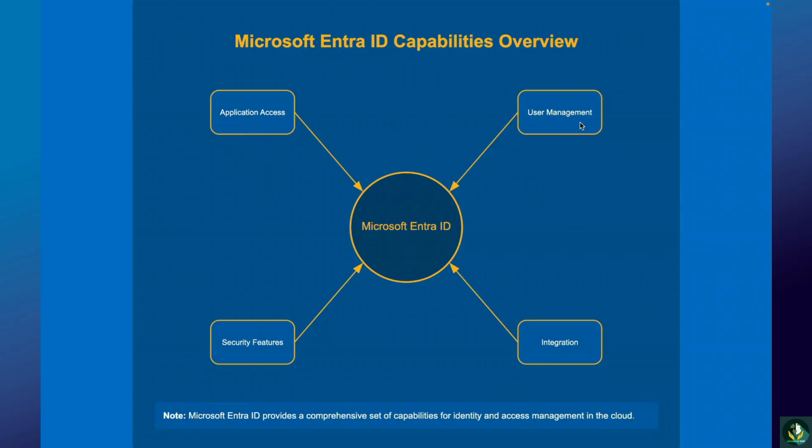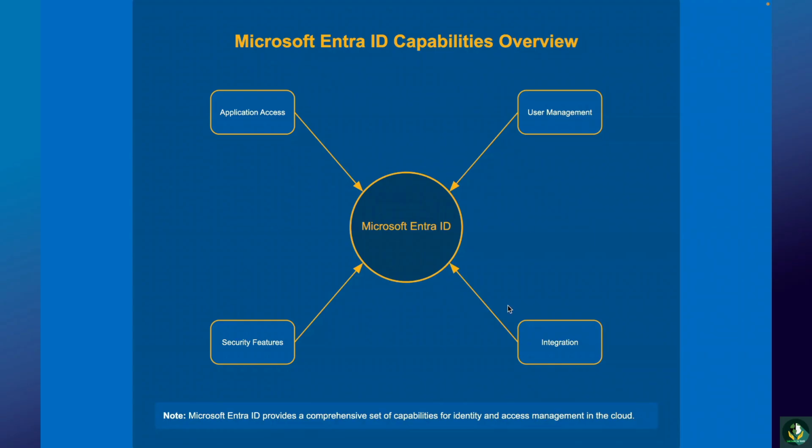The platform provides robust tools for managing users and groups. It facilitates user provisioning, which allows organizations to efficiently create, update, and delete user accounts. Additionally, Entra ID supports federation between organizations, enabling seamless collaboration across organizational boundaries.